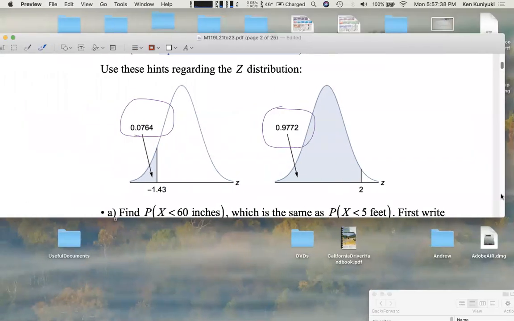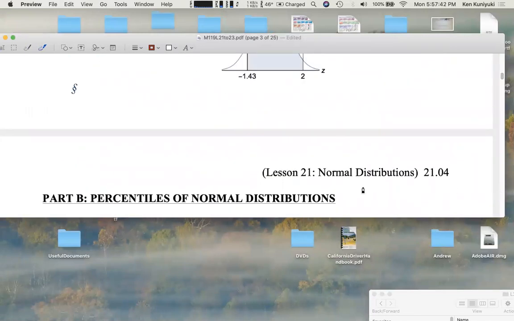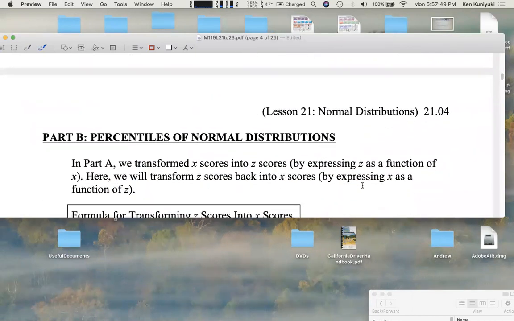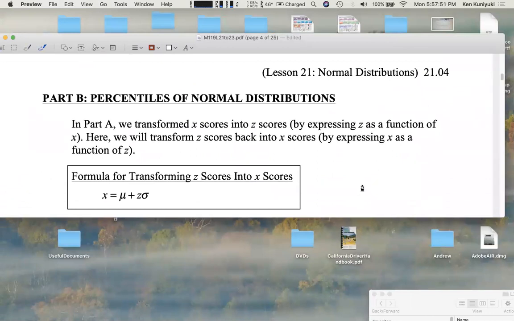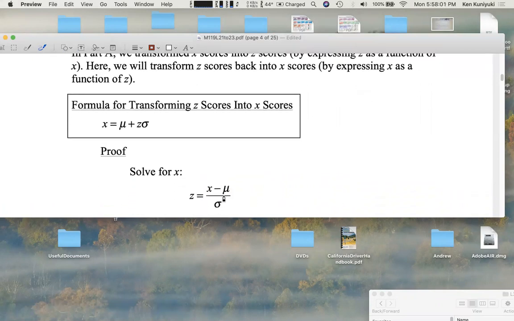Now, let's deal with the inverse problem. Given a probability, how do we find the corresponding x-score? Once again, we go through z. So here's the formula that takes us from z to x, and we get that by taking our formula from x to z.